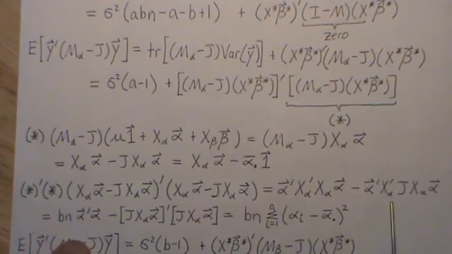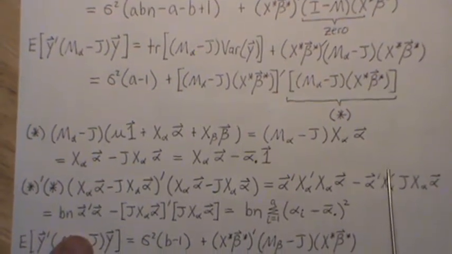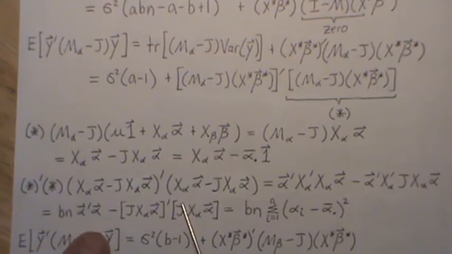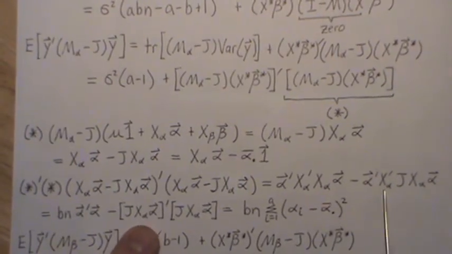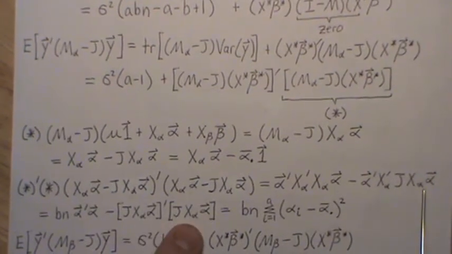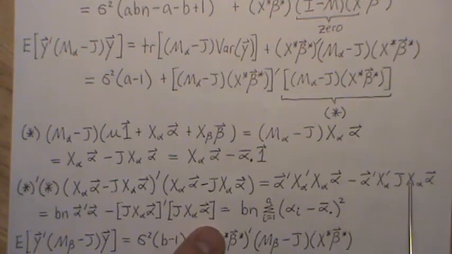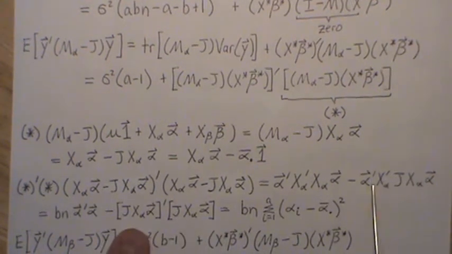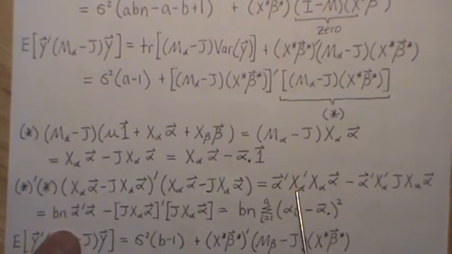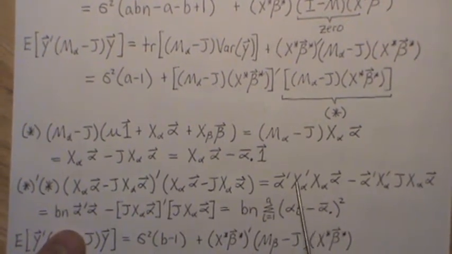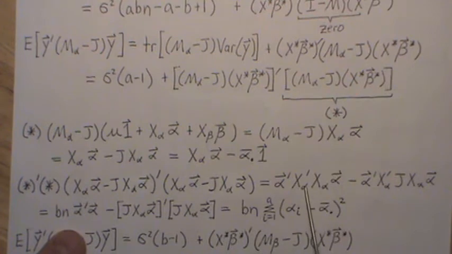Here J is idempotent, so J times J is just J. Then you can untranspose the left side into what's here, J alpha, X alpha, alpha, and then this is the untransposed. This creates an identity matrix times bn, and that's what we get here.